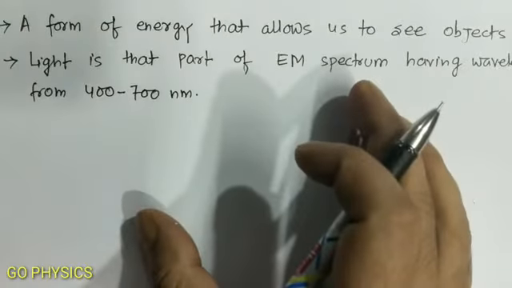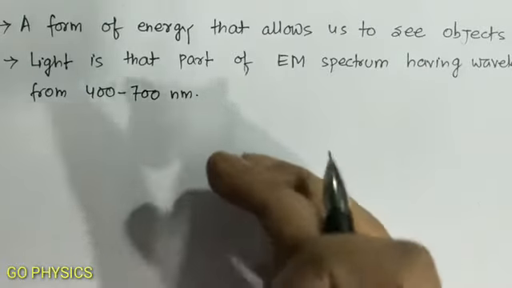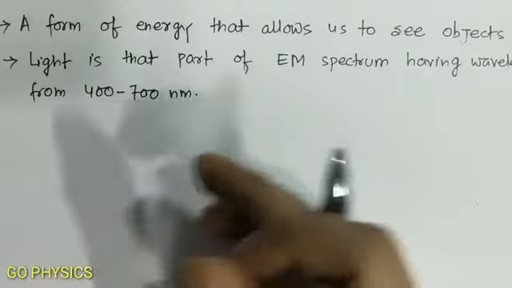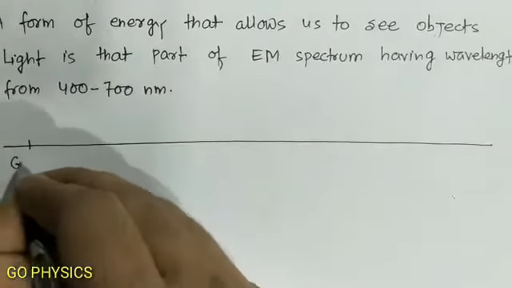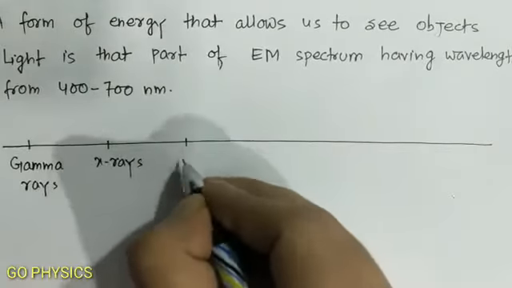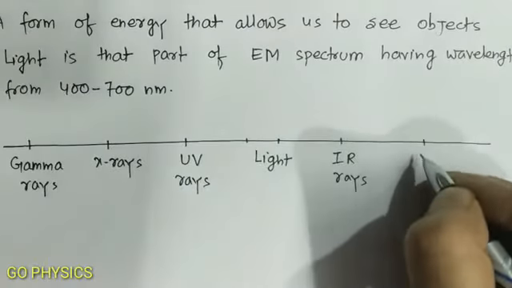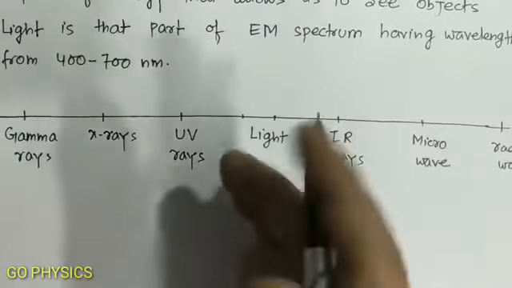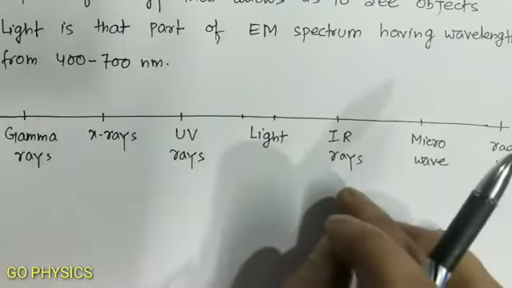So now I'm going to draw the electromagnetic spectrum so that once again we will revise what actually light is. So this is our electromagnetic spectrum.